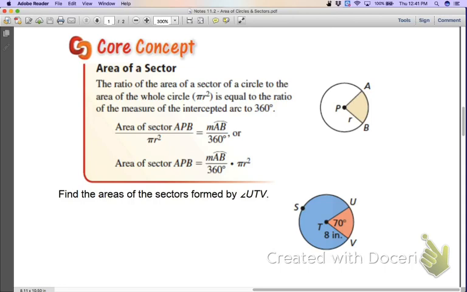We're going to do the same thing, just like we did yesterday with the circumference when we talked about the arc length, like the crust of the pizza, how long is the crust of the pizza. Now we're basically figuring out the area of the slice of pizza or pie or cake or whatever you want to call it.